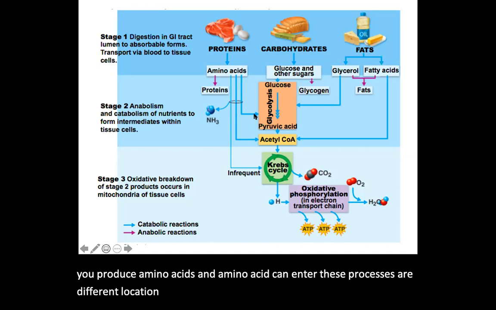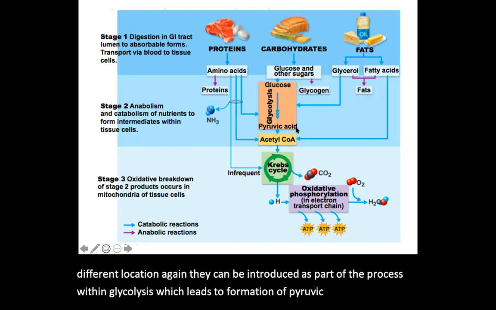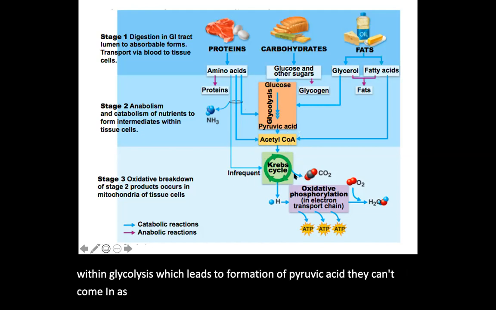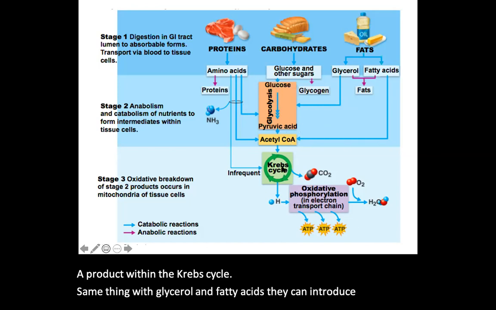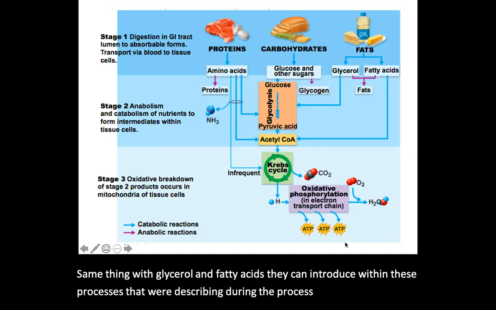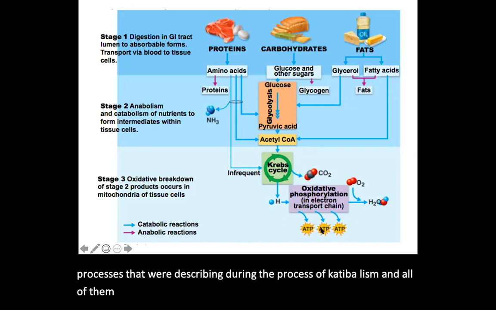Again, they can be introduced as part of the process within glycolysis, which leads to formation of pyruvic acid. They can come in as acetyl-CoA, or they can come in as a product within the Krebs cycle. Same thing with glycerol and fatty acids. They can be introduced within these processes that we're describing during catabolism, and all of them eventually lead to formation of ATP.